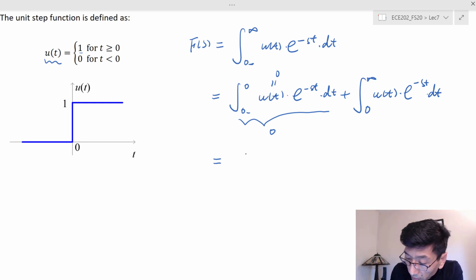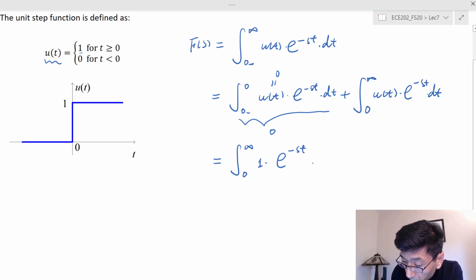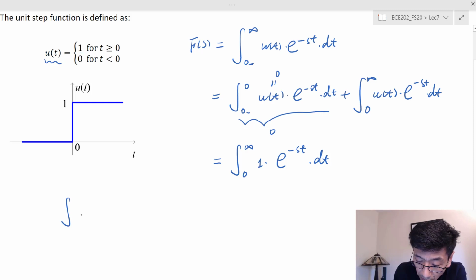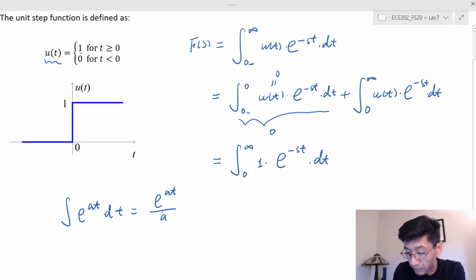Now for the second term, from 0 to infinity, we know u(t) is 1. So therefore, we have e^(-st) dt. And remember, the integration of e^(at) dt is equal to e^(at) over a.